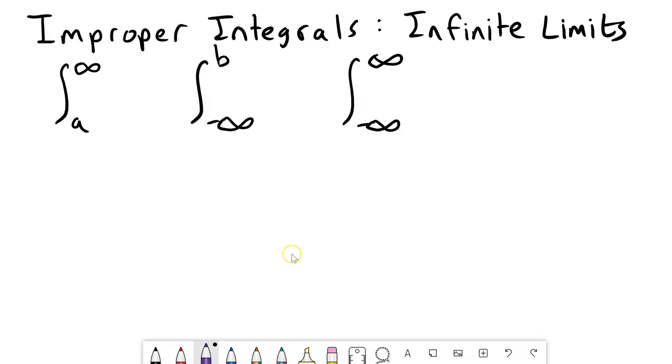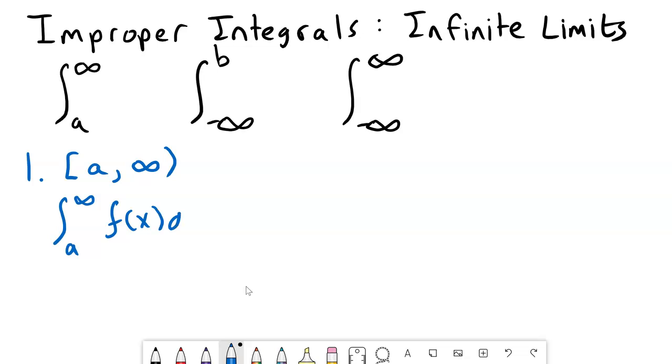I'm going to write it in blue. So this is the first part. Let's say we have a function that's defined continuously over this interval. The reason I'm defining it continuously is that there are no breaks or discontinuities from a to infinity, so we can use this definition.